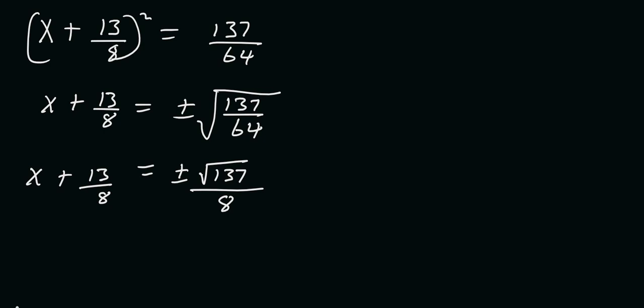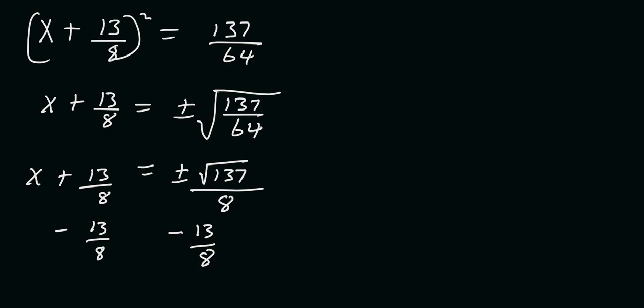So now we can subtract 13 over 8 from both sides in order to isolate x. So now subtract 13 over 8 from both sides. 13 over 8.